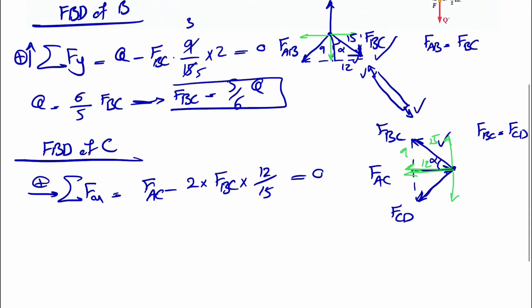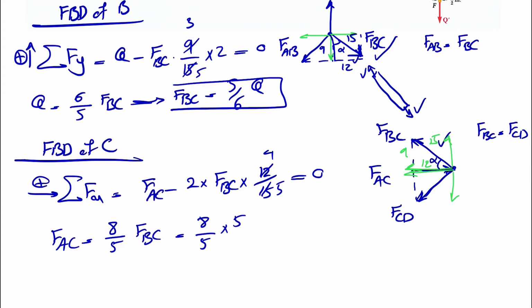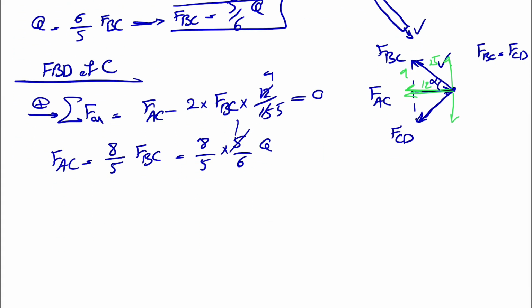So this will be equal to 0, 2 FAC would be, so we're going to divide this by 3, 8 over 5 FBC. And from the previous part, we found FBC is 5 over 6 Q. So now we can find the relation between FAC and Q. FAC here is basically 8 over 6, or if we divide by 2, 4 over 3 Q.